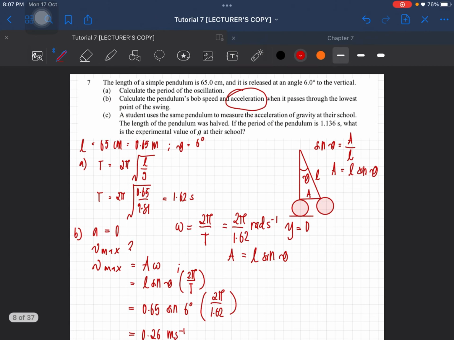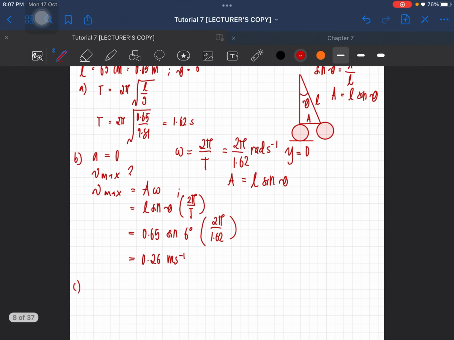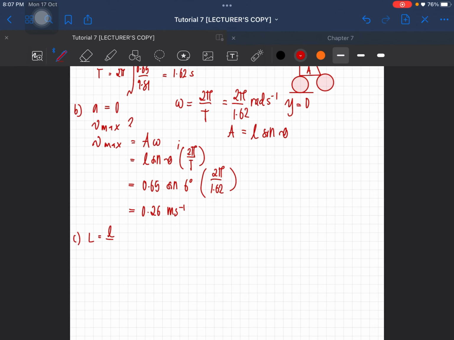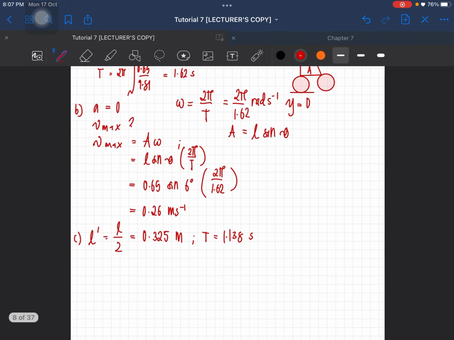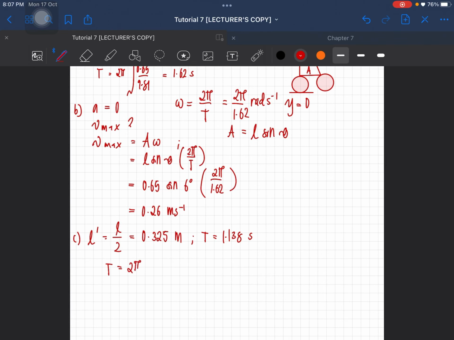For this one, the length is half, so that is L divided by 2. L divided by 2, you will get 0.325 meter. And then the period is 1.138 seconds. So we can use T equal to 2 pi square root of L over g. This is the formula for a simple pendulum.